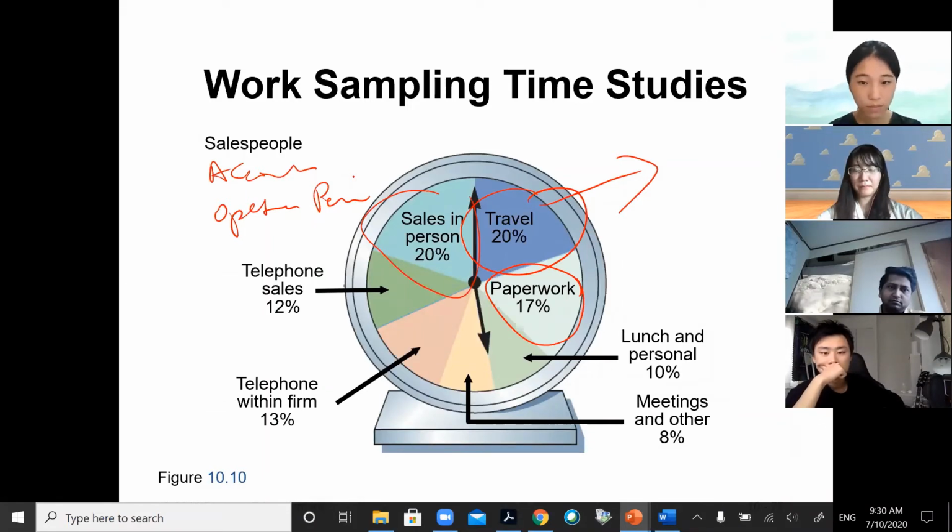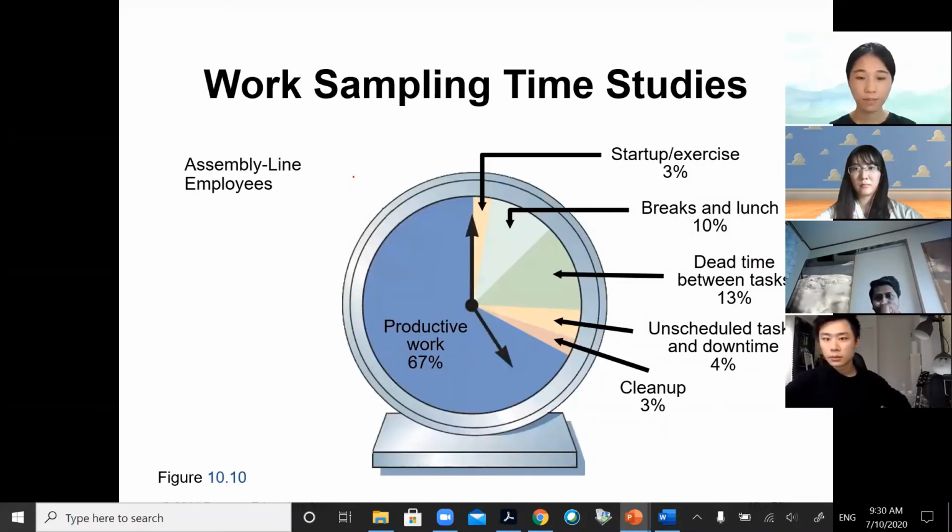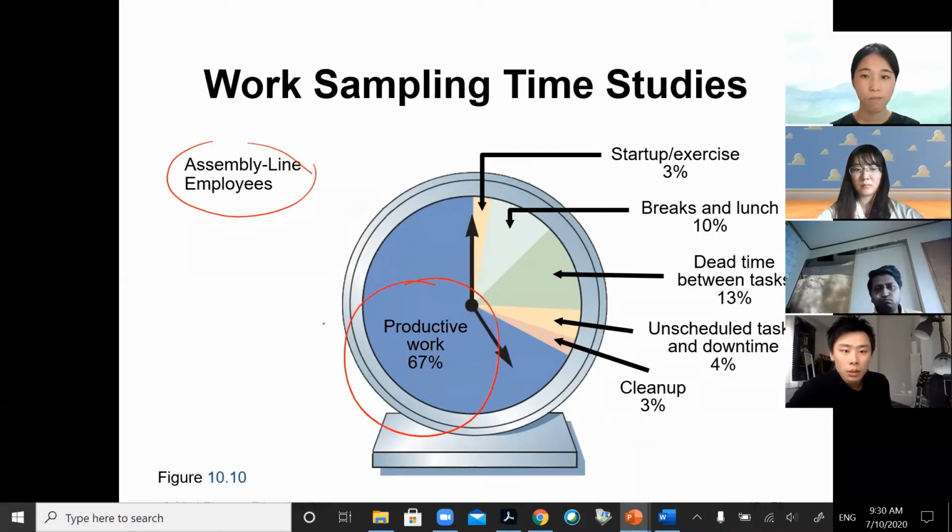Indicative means it is a rough estimate, at least it gives you an idea of what the job is and also the performance of the employees. Assembly line employees cannot run away from working because they are in the production line. Clean up, unscheduled tasks, breaks, startup, exercise.